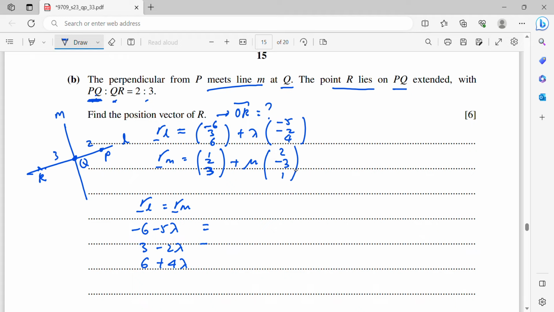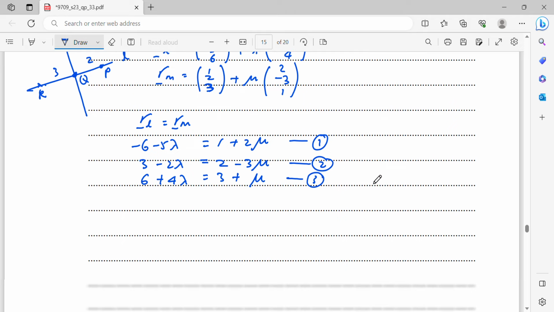That equals to, for the rM, first row is 1 plus 2 mu. Second row 2 minus 3 mu. Third row 3 plus mu. Okay, and I will call the first row the first equation, second row the second equation, and the last row the third equation.